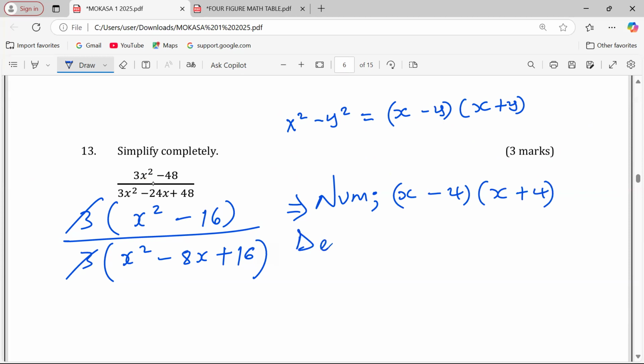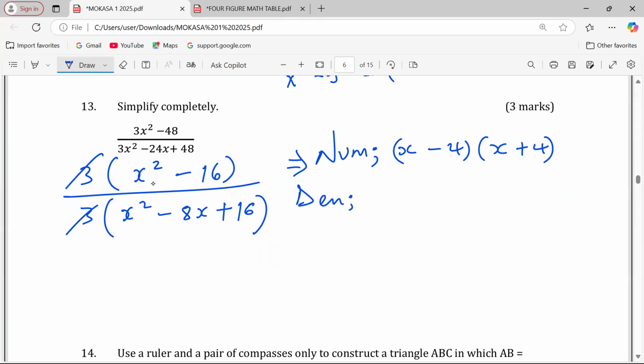Then we get to the denominator now, which is a quadratic expression. In this quadratic expression, we will be looking for a product of 16 and a sum of negative 8, making it negative 4, negative 4. So now we rewrite it: x squared minus 8x.